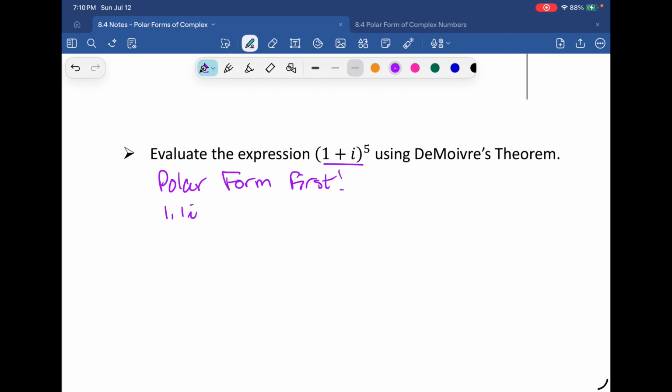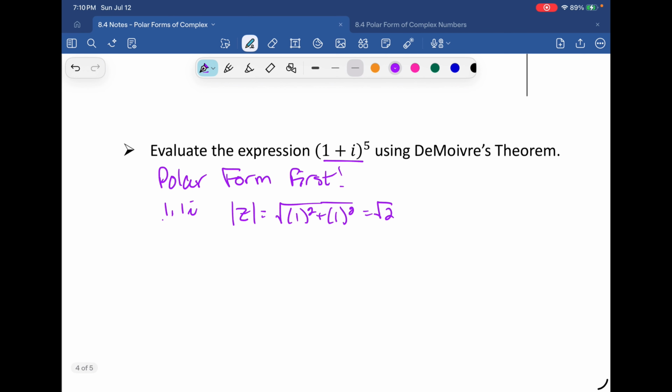So we're going to get the magnitude. We're going to get the angle, and 1 is in quadrant 1. So when I find my reference angle, it's my actual angle. Inverse tangent, absolute value y over x. So that's pi over 4.